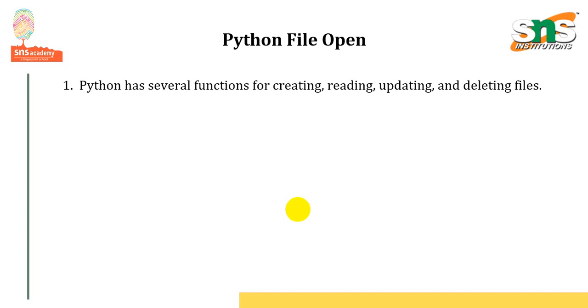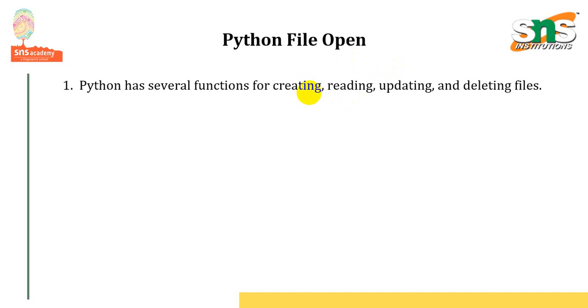The first thing we are going to see is how to create a file. There are certain basic functions we perform in file operations. The basic operation is, first, we create a file, and after creating it, we will read the content of the file. After reading the content, if you want to make any changes to the content, you go for updating the data.